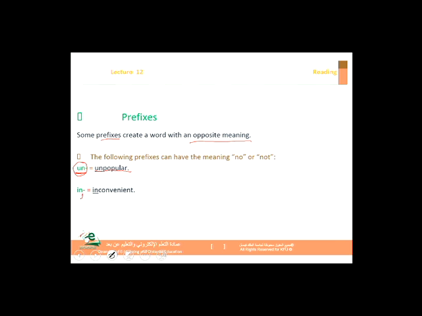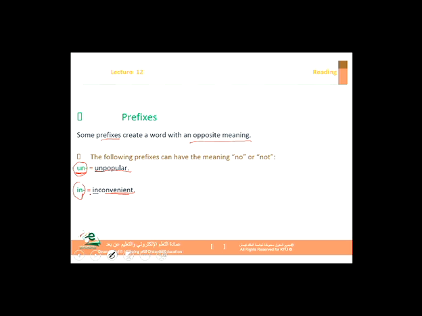And in as well, same meaning. So convenient: if something is convenient to you, it suits you, it's good for you. For example, having a personal driver is convenient. Maybe, right?